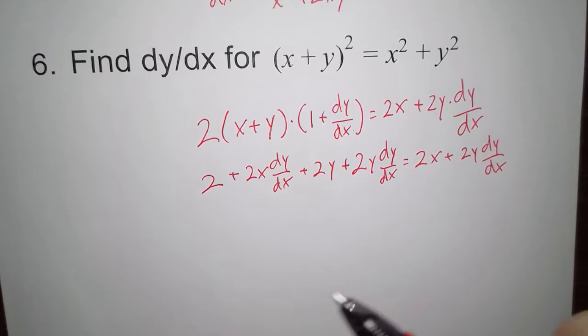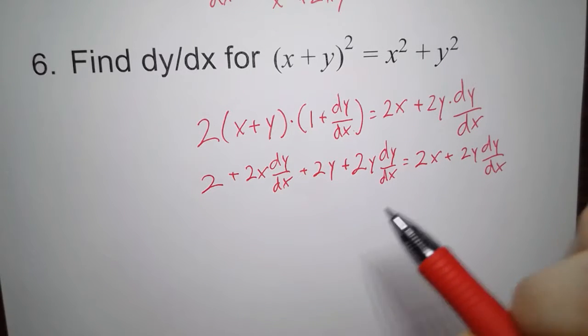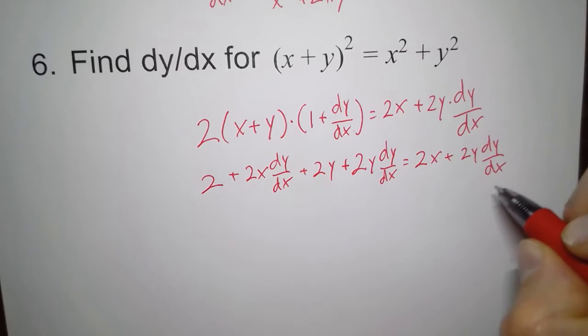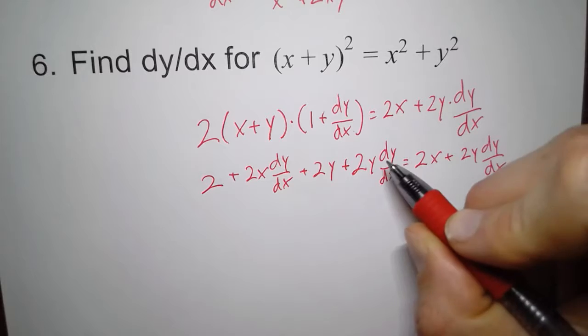So what do we do? Well, everything has to move from one side to the other so that all the dy/dx's end up on one side. Since we have two terms with dy/dx on the left, we'll do that. We'll subtract 2y dy/dx. But notice, there's two of them, one on each side.